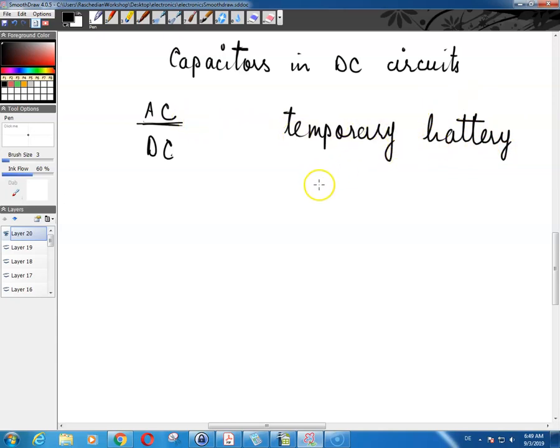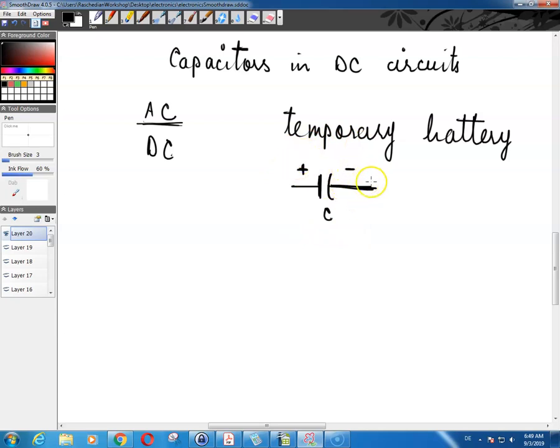Now when you have a capacitor in a circuit, and suppose this is the negative side of the capacitor and this is the positive side, if you charge it, this capacitor will act as a battery.